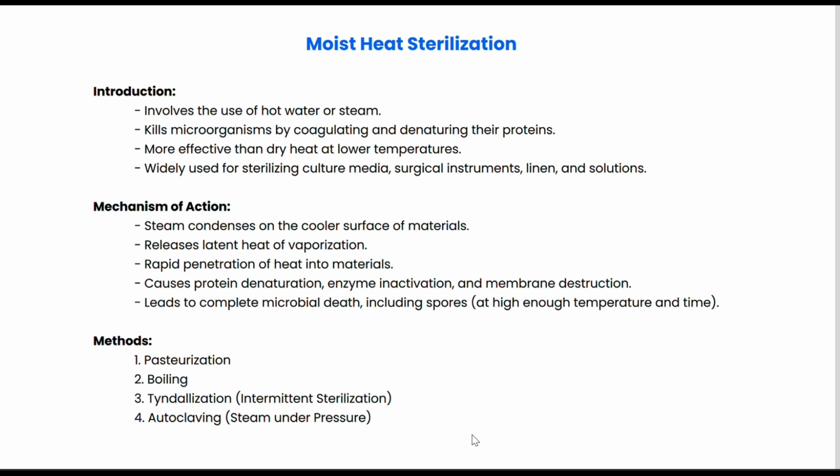Now let's understand the mechanism: how exactly moist heat kills the microbes. When steam comes into contact with a cooler surface, like a surgical instrument or a culture flask, it condenses into water. During this condensation, it releases a huge amount of latent heat, more than just the heat of regular steam.